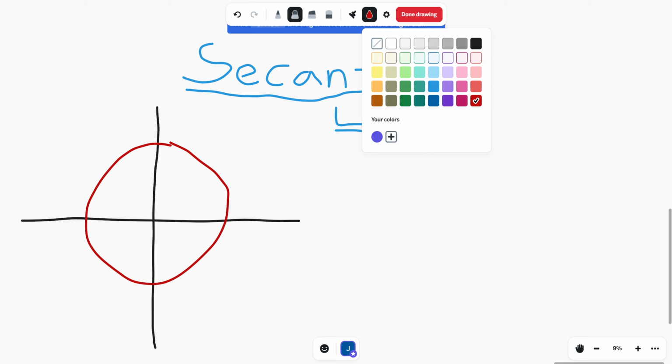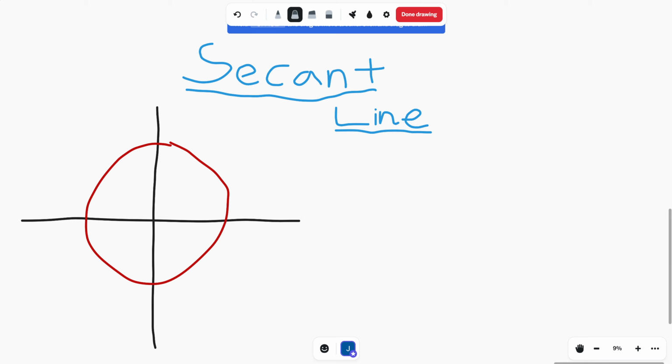Now, secant lines essentially are lines that only touch a graph once. So, for short, sec is equal to 1. And in our previous video, if you haven't seen that one, check it out before you continue with this one. For our tangent lines, they touch twice.